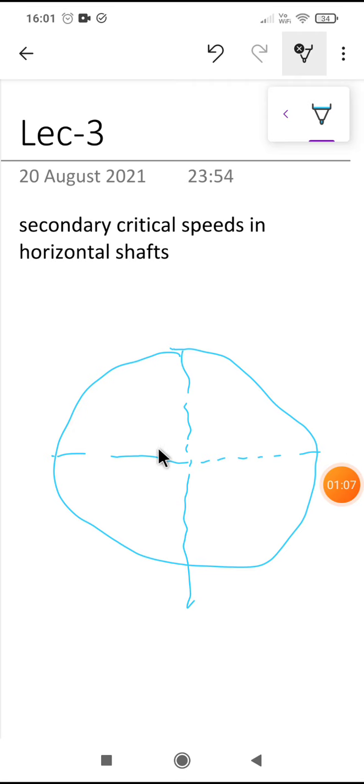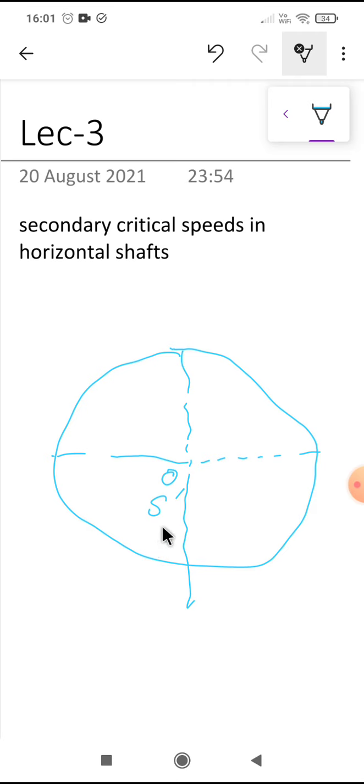Suppose we are considering a horizontal shaft, and let this shaft have no vibration, therefore its geometric center S coincides with the point of rotation O. So suppose this is the point of rotation and it coincides with geometric center S.